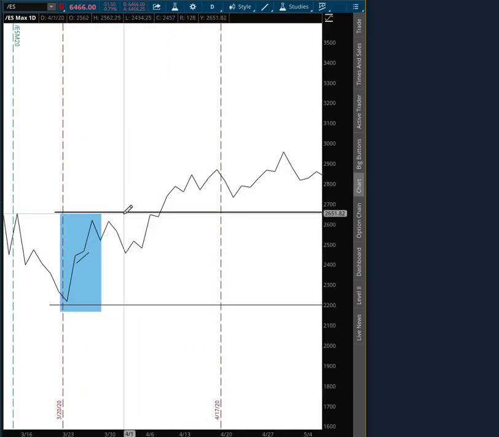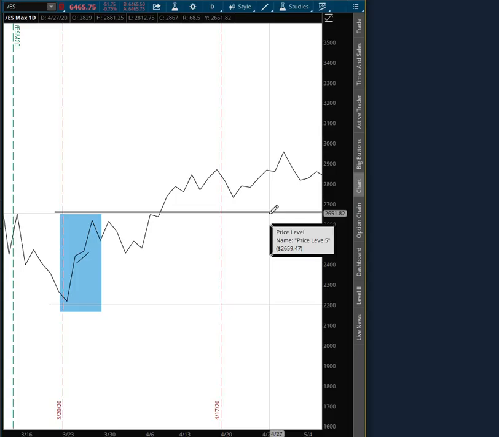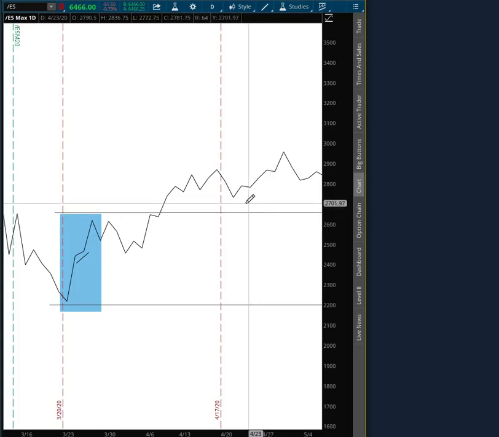The fractal fractured, meaning ideally we would continue to go down. However, we broke the fractal band there, and that would be your clue to activate that hedge or exit if you wanted to go short and flip.